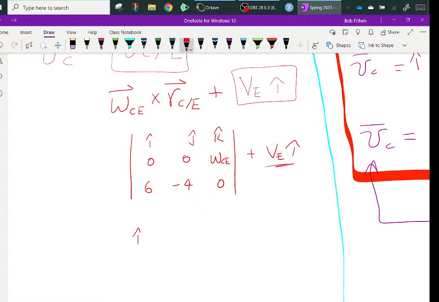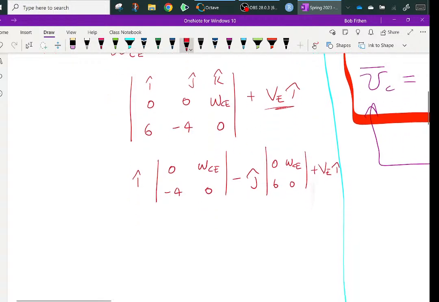Okay, so I've got I, I've got 0, omega CE, minus 4, 0, minus J, and we get 0 and 6, omega CE, and 0 plus BE I. And I'm still ignoring that.